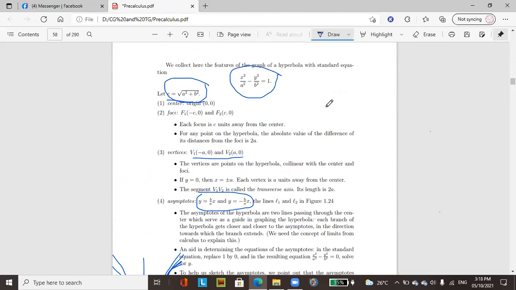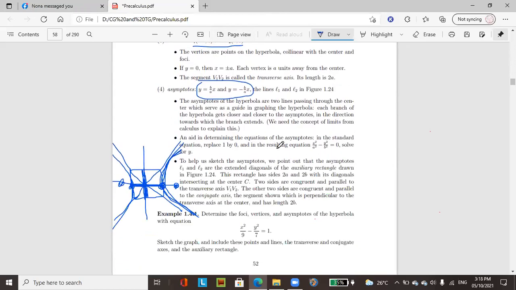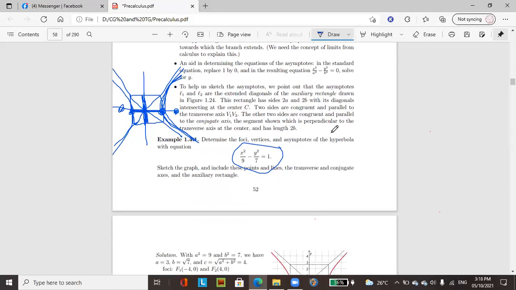Okay, let's continue. Example 1.4.1. Determine the foci, vertices, and asymptotes of the hyperbola with the equation. This one. Now class, the hyperbola has a horizontal transverse axis if the x term is positive. If the y term is positive, the transverse axis of our hyperbola is vertical.